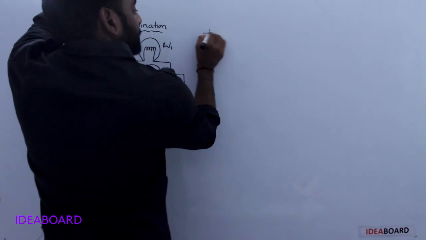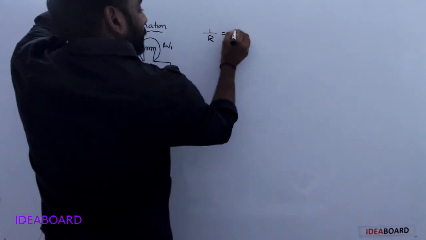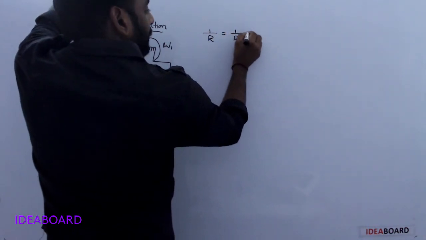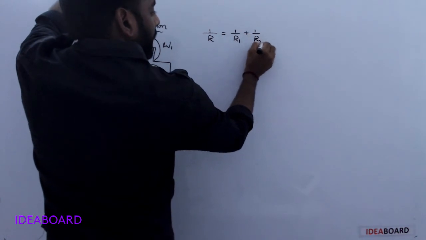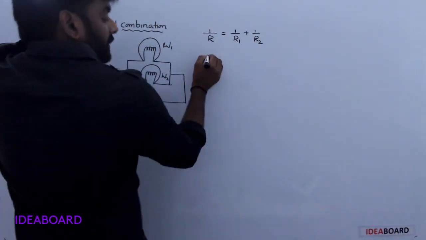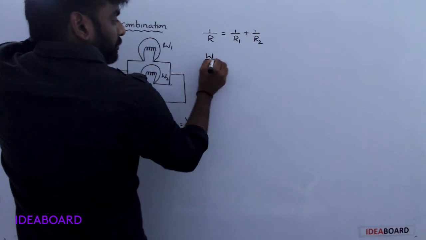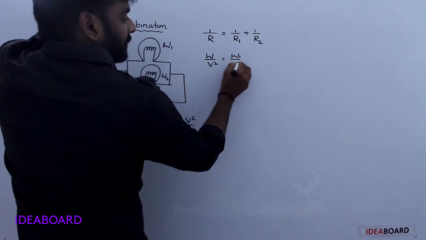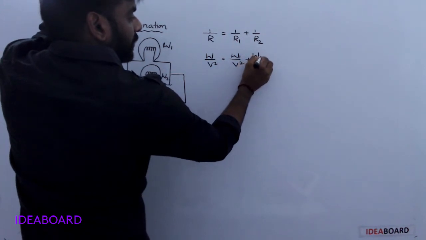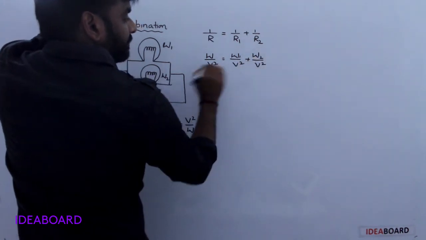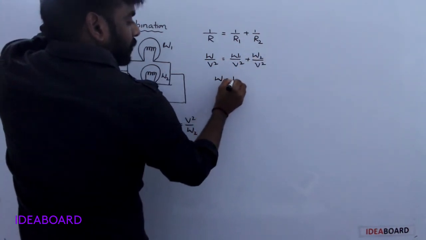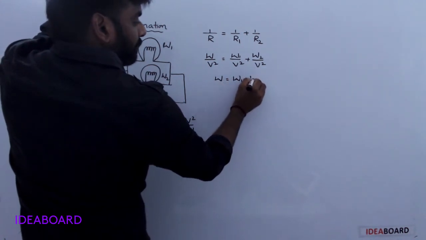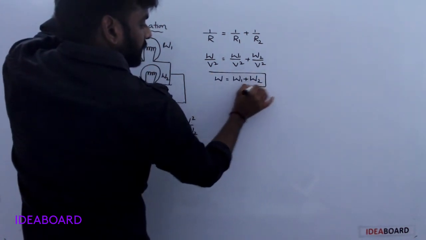In parallel combination, 1 by R is equal to 1 by R1 plus 1 by R2. So W by V square equal to W1 by V square plus W2 by V square. So W is equal to W1 plus W2.